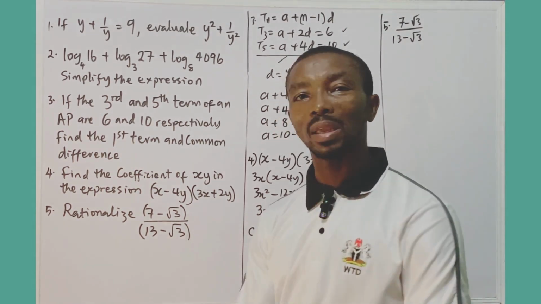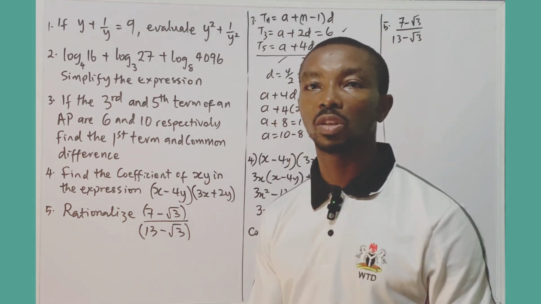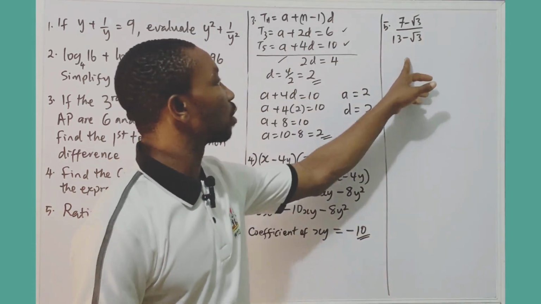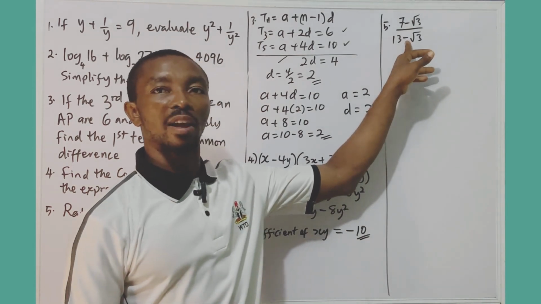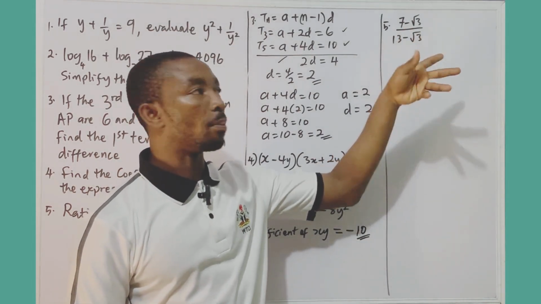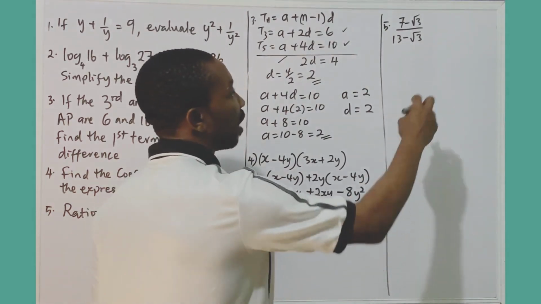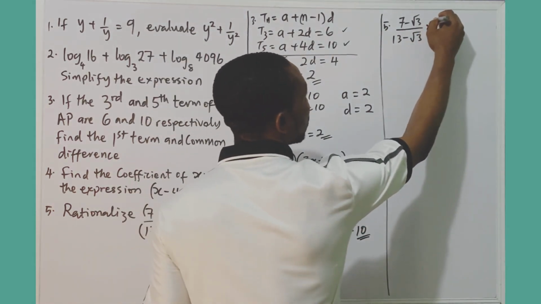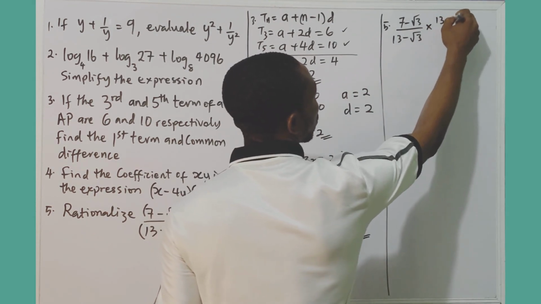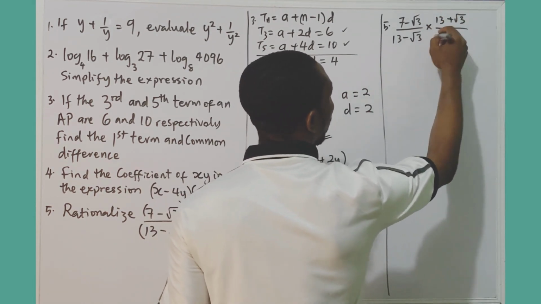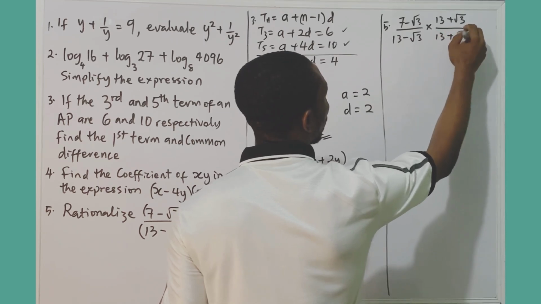Okay, and how do we get the conjugate of our denominator? By simply changing the sign from negative to positive. So now this will multiply this times 13 plus root 3 all over 13 plus root 3.